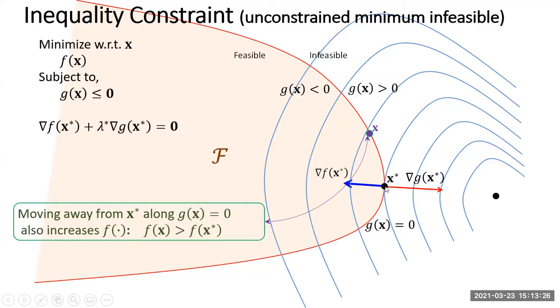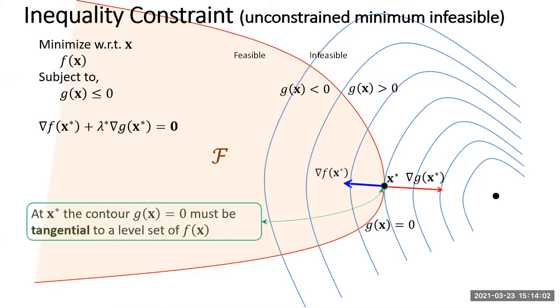If we go along this direction, along g of x equals 0, again the function increases. That's why this x star, where the feasible region and this contour are touching each other, is the point where x star occurs.